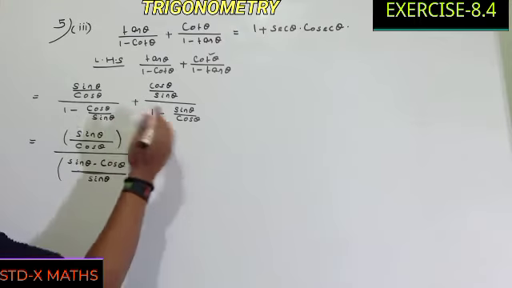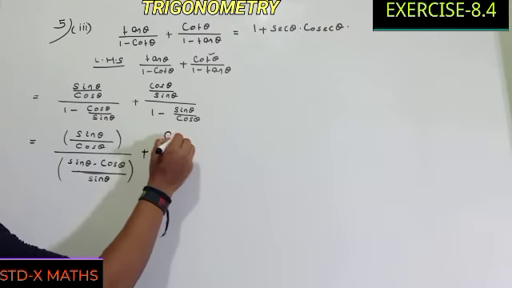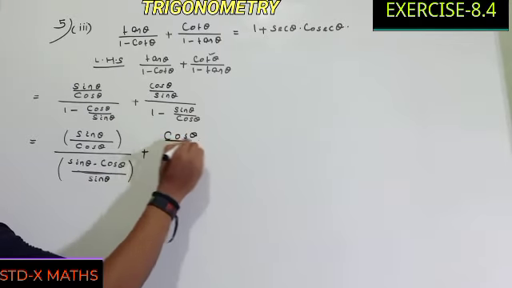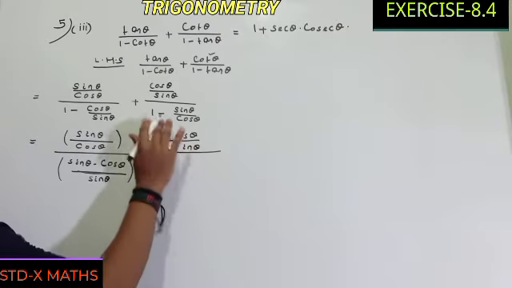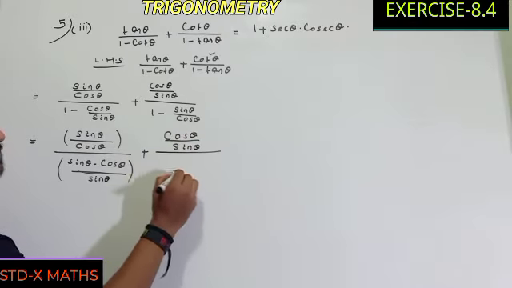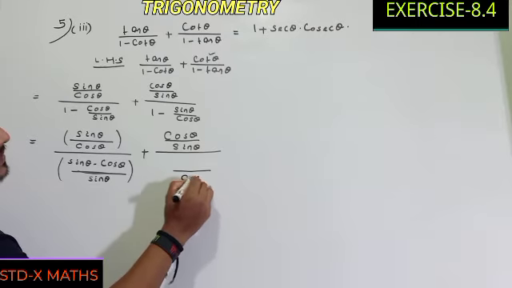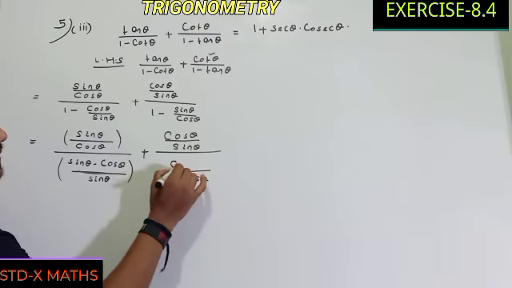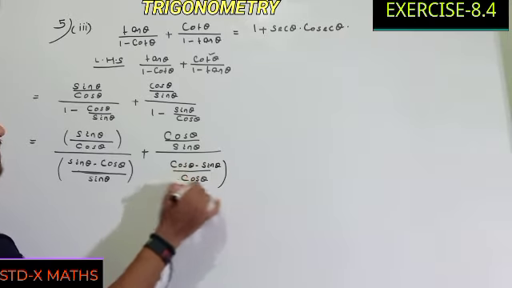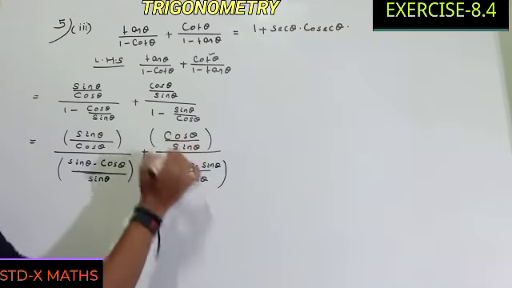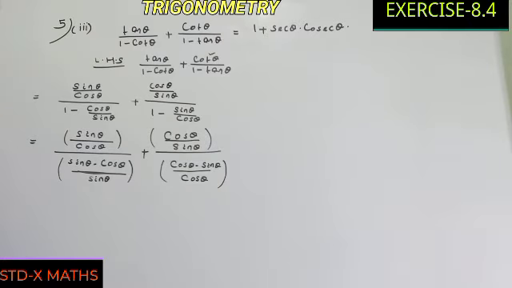And here also, in the similar way, on the right side I write cos theta divided by sin theta, divided by the below one, simplified by taking the LCM, which is cos theta, and here it is cos theta minus sin theta. Giving the bracket so that you can understand well.